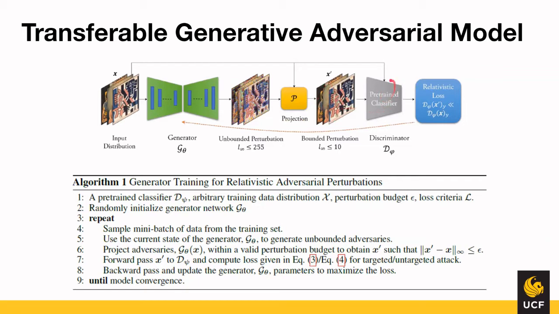This is forward passed through the pre-trained classifier whose weights remain constant throughout. This output is used in our relativistic loss, and then we only tune the generator parameters. The pre-trained classifier, basically the discriminator, remains the same. We repeat this process until the model converges.